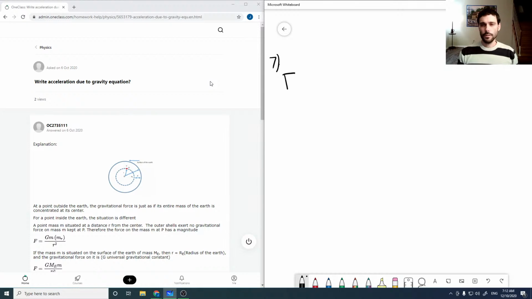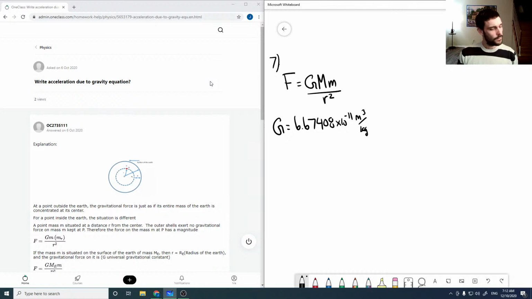So our gravitational equation is given by GMm over r squared, or at least this is usually how it's represented, where G is our gravitational constant, 6.67408 times 10 to the minus 11 meters cubed per kilogram second squared.